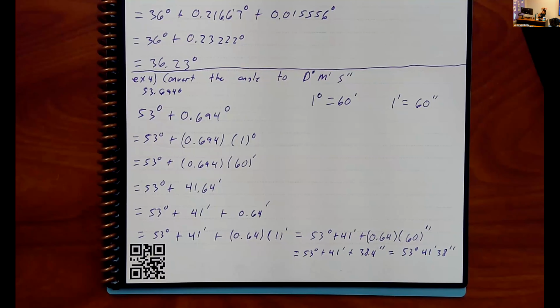Are there any questions on number 4? I did have a question. Why would we be getting rid of the 0.4 in the 38 seconds?